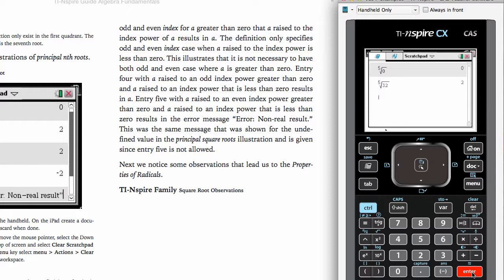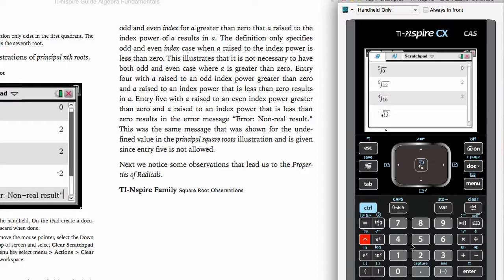Next, we will want to look at an even index. So bring up the nth root, put in 4, move over, put in 16, and we see the answer turns out to be 2.